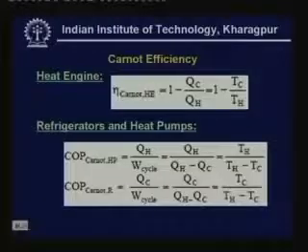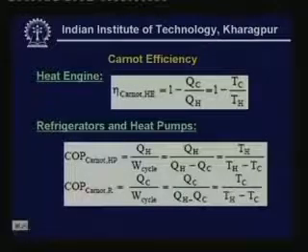Now the COP of a Carnot heat pump, that means the COP of a reversible heat pump operating between two temperatures Th and Tc, is given by Th divided by (Th minus Tc), and the COP of a Carnot refrigerator is given by Tc divided by (Th minus Tc). Again, these are derived by applying both the first law as well as the second law of thermodynamics. You can see here that the COP is defined as the required output divided by the effort that you are putting in.